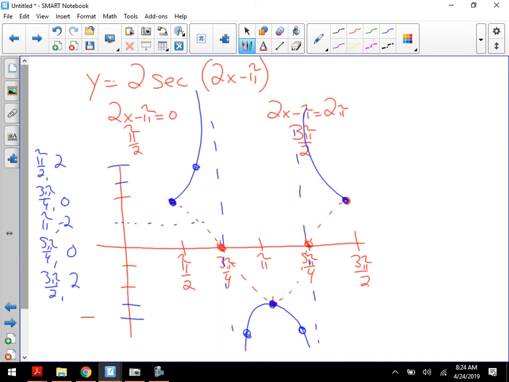Now, since this is at a 2, it's always going to be the bottom of the reciprocal function. In this case, this is the bottom of a secant. Since it's at 2, the halfway point, if you will, would still be at 1, but you've got to double it as you blow it up. You're doubling it off of here.